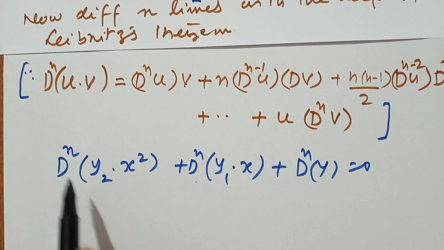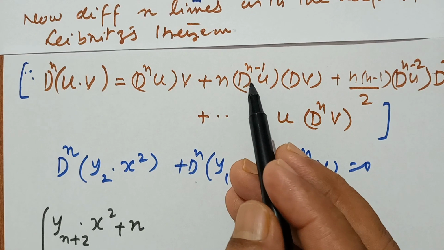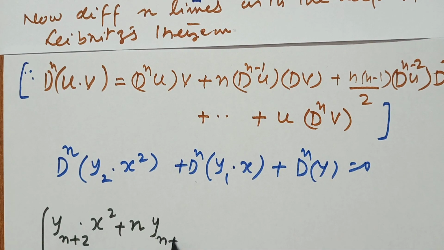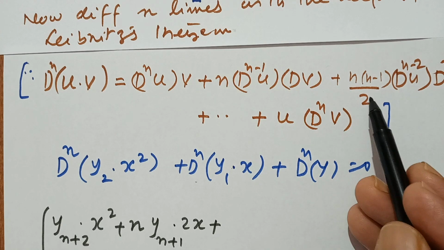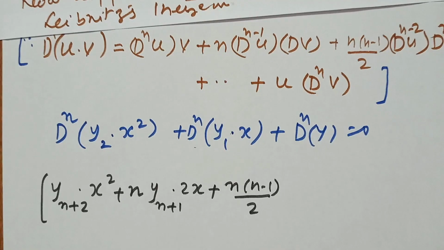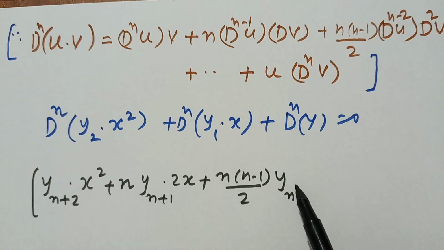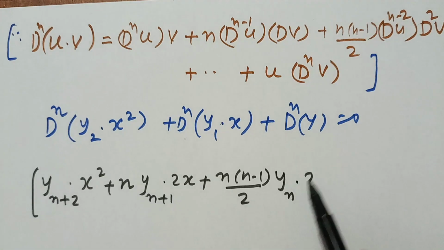So y2 becomes y(n+2), and the second function as it is, plus nC1, which is nothing but n, y(n+1), and d of x square means 2x, plus again n(n-1)/2, decreasing the first function gives yn, and differentiating 2x again gives 2.